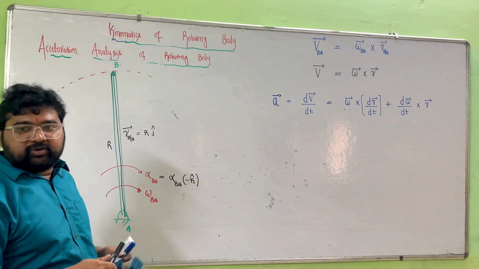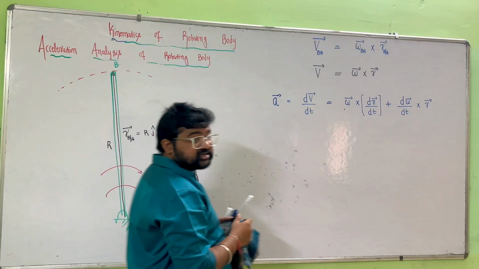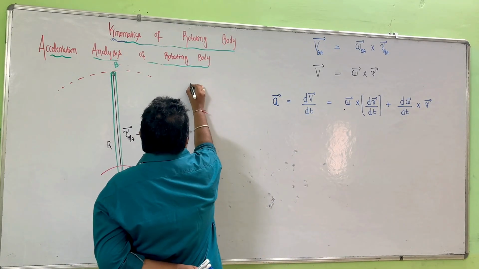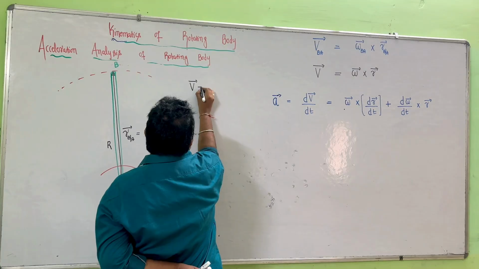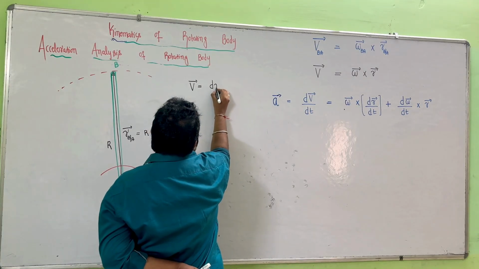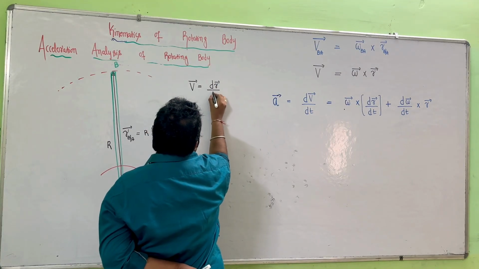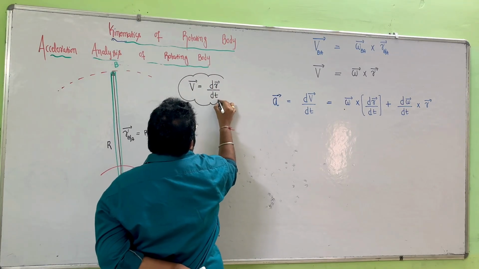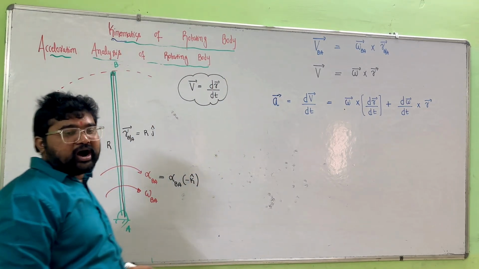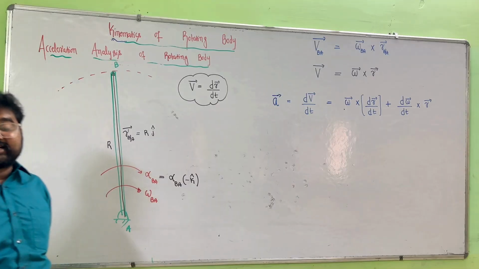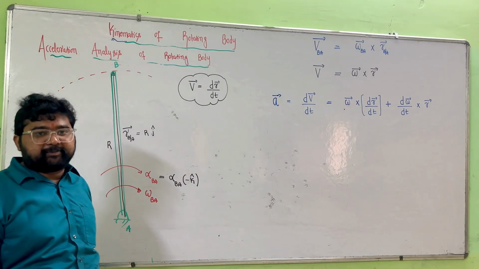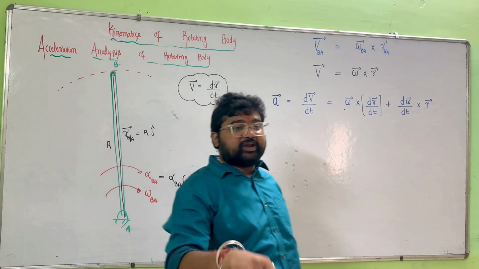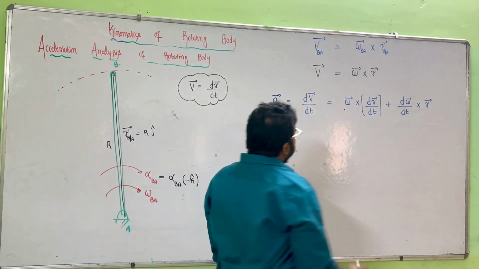Understood? Okay now, dr bar by dt is nothing but velocity V bar. R bar equals X I cap plus Y J cap. Clear? So if you differentiate position vector, you will get velocity.